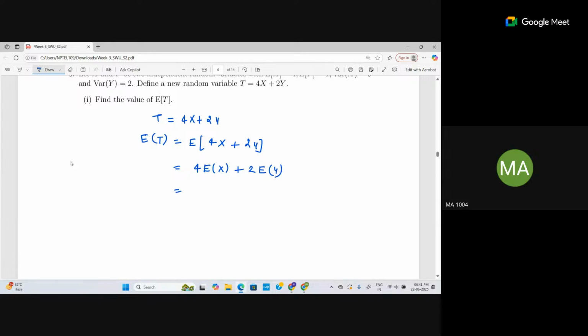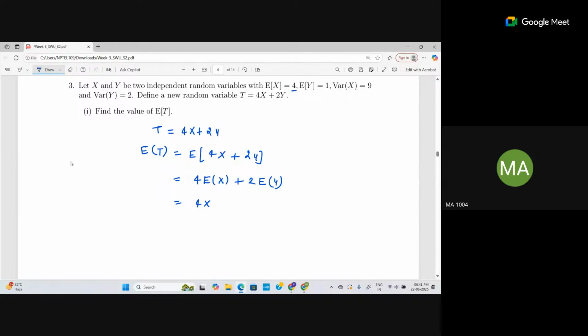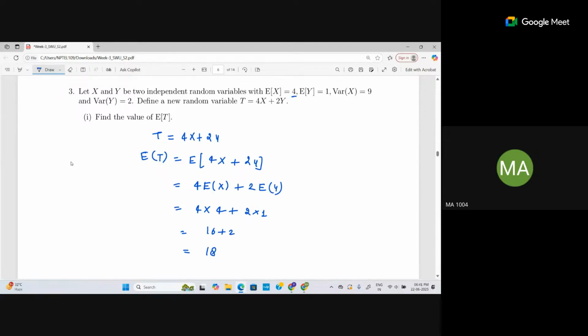And these values are given to us. Expectation of x is 4 and expectation of y is 1. So it will be 16 plus 2, which is equal to 18. So here we are using the properties of expectation.